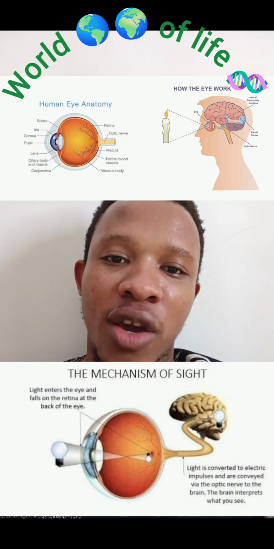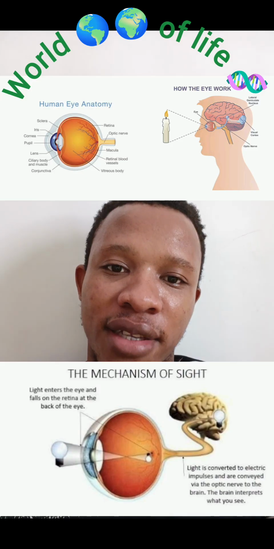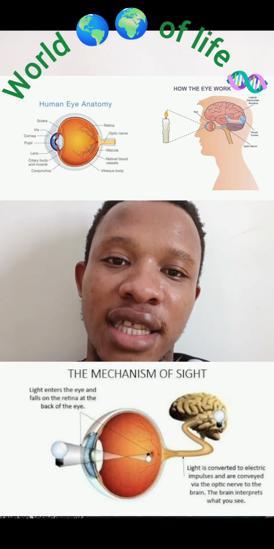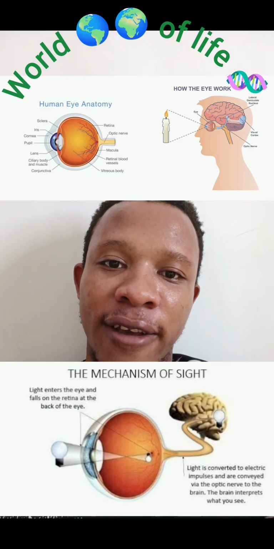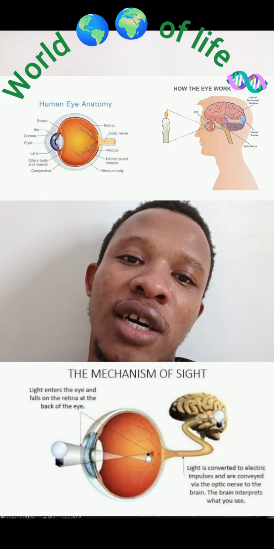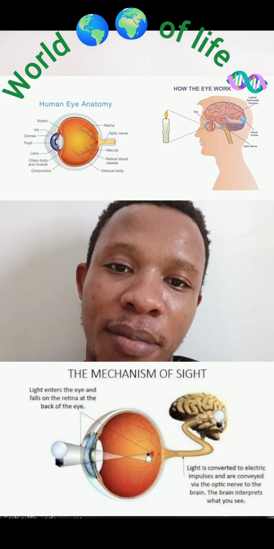Light is actually a wave that travels with a speed of 3.0 times 10 raised to power 8 meters per second. So it means that the light moves with a distance of 300 billion meters per second. So having said that, yesterday we spoke about the ear.